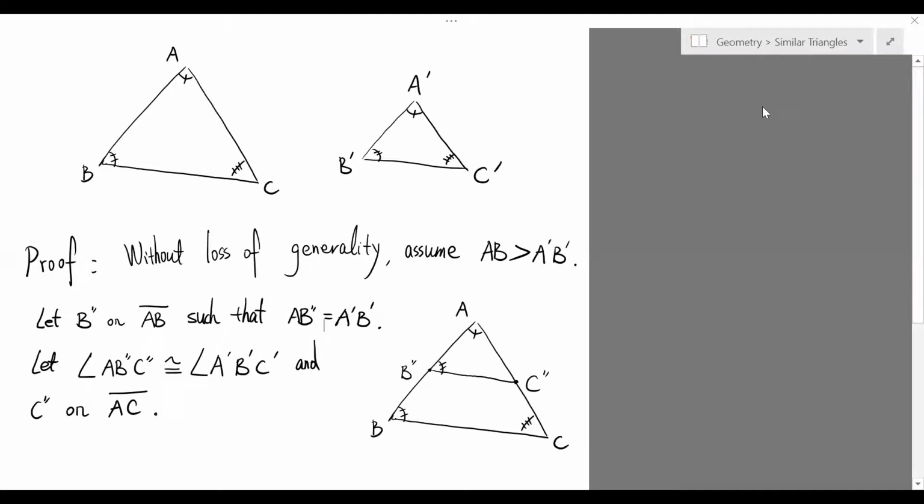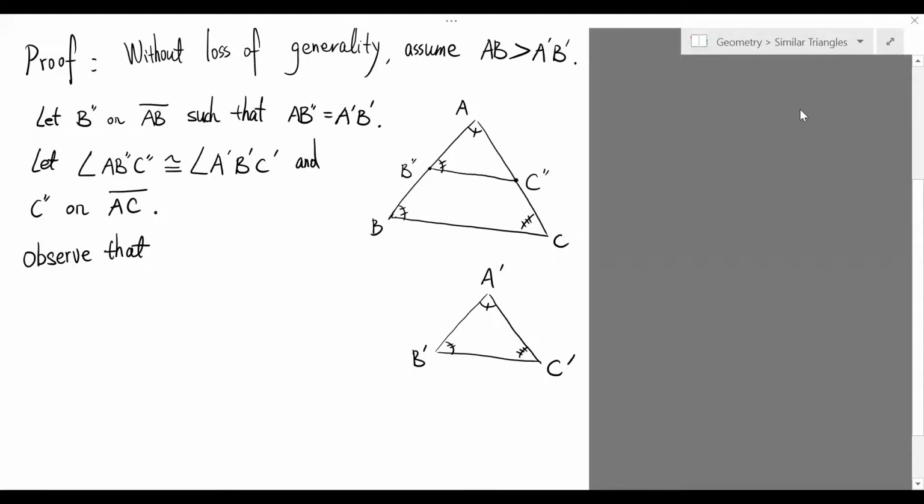Under this assumption, we can find a point B double prime on the segment AB such that AB double prime is equal to A prime B prime. We can also construct an angle AB double prime C double prime congruent to the angle A prime B prime C prime, with the C double prime on the segment AC.